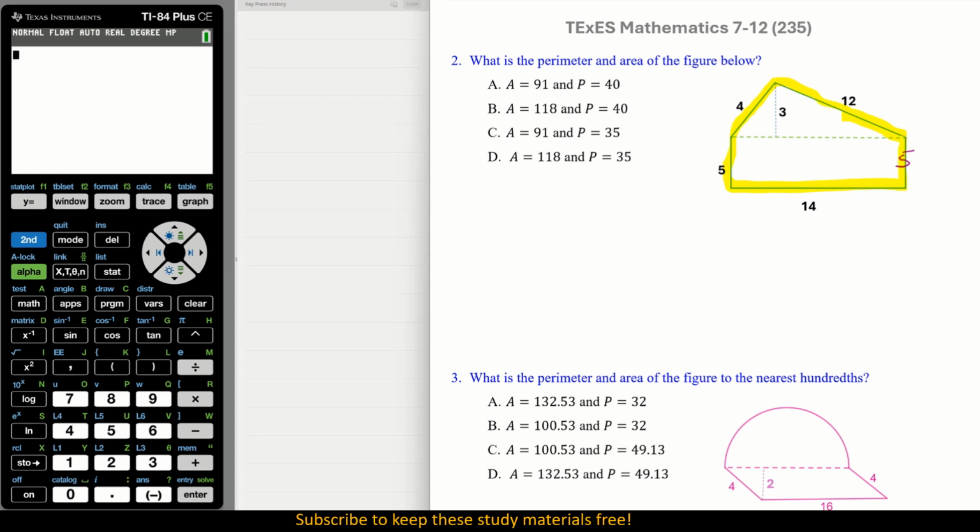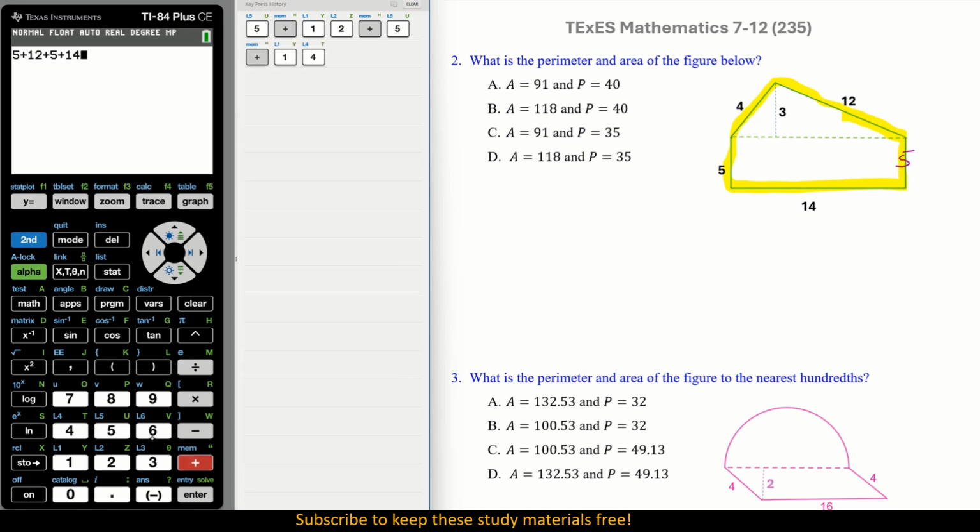Let's start with the 5. 5 plus 12 plus 5 plus 14 plus 4. So we have 5 numbers, and push enter. That should be 40. Obviously, that eliminates these 2 options.